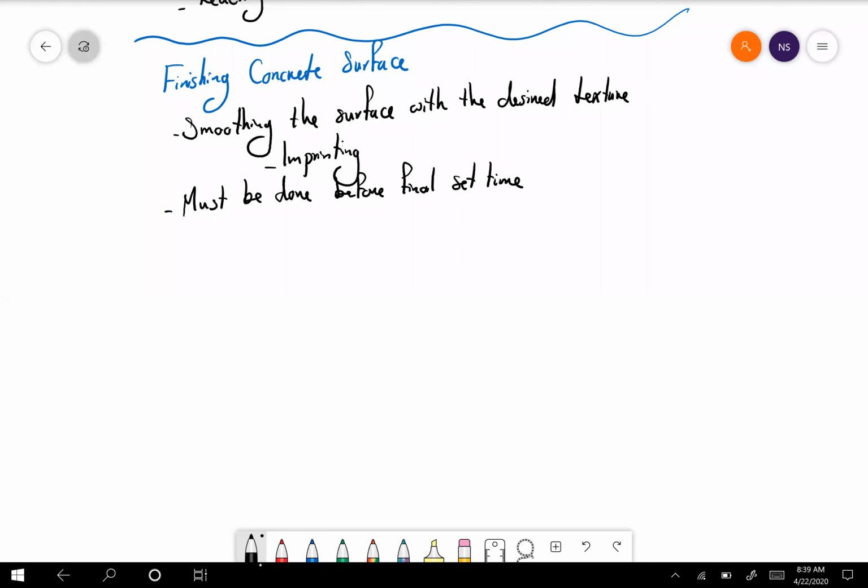And sometimes you can also stamp the concrete surface after finishing.